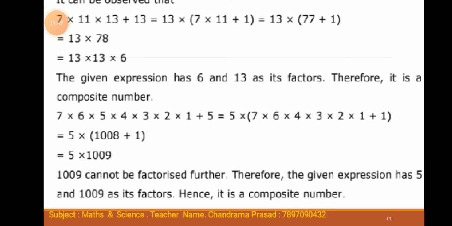Therefore, this can be written as 5 into 1008 plus 1, or 5 into 1009. Since 1009 cannot be factorized further, the given expression has 5 and 1009 as factors. Therefore, it is a composite number. Therefore, both the given numbers are composite numbers.